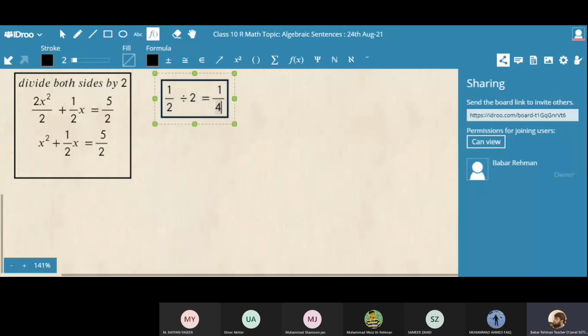Okay, the next step, you have to make this middle term coefficient half. When I make it half, it becomes 1 upon 4. Now the next step in the completing the square method is you have to make the square of this term. So now I have to make 1 upon 4.